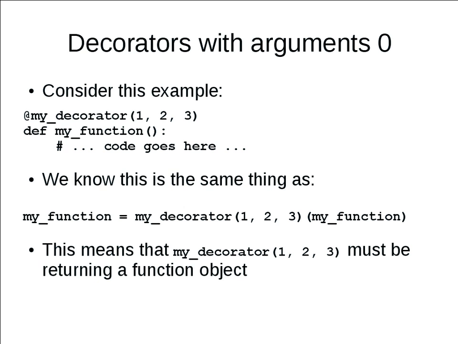And in fact, we know that we can rewrite it in this form. So what this clearly implies is that when you call myDecorator with 1, 2, 3, it must be giving you back a function object, and the function object it's giving you back must take one argument of a function reference. And then you can put parens on this function reference and pass in a function and call it, and then it will do the decorator thing you wanted done.